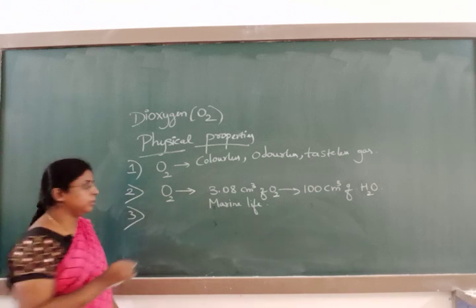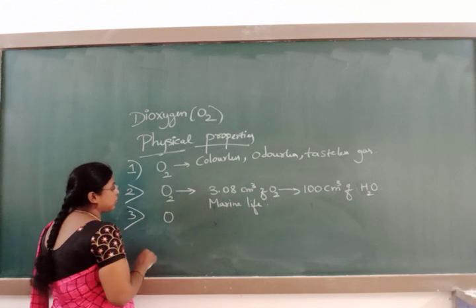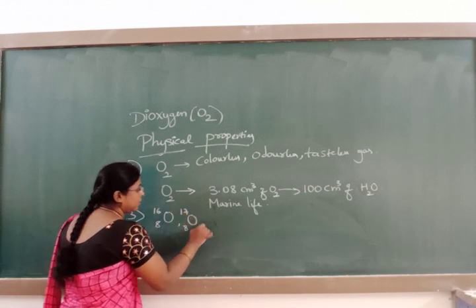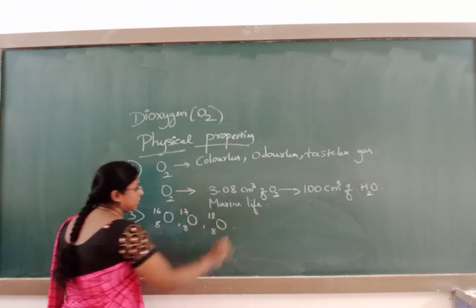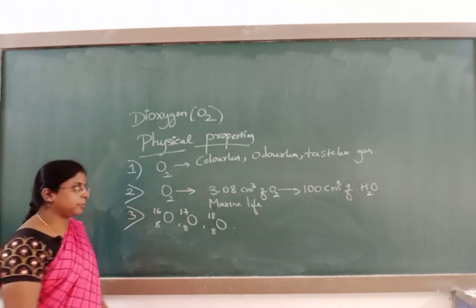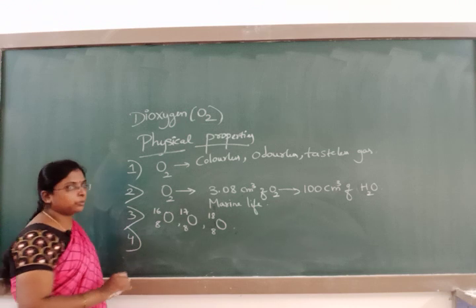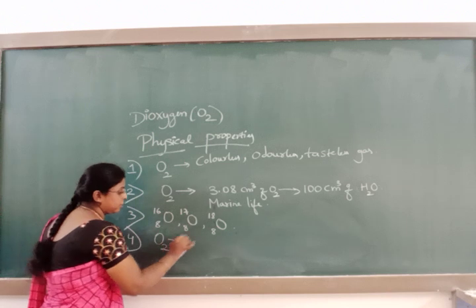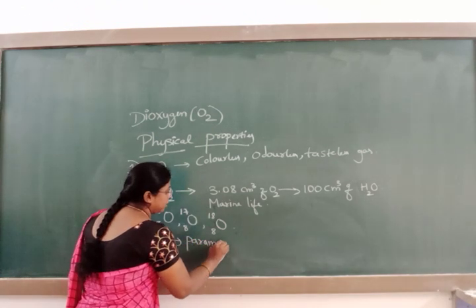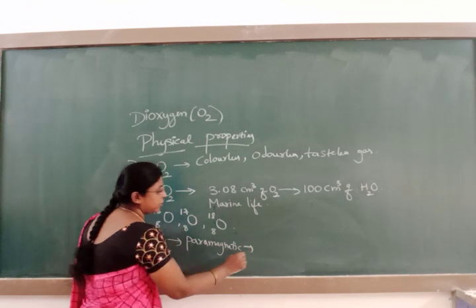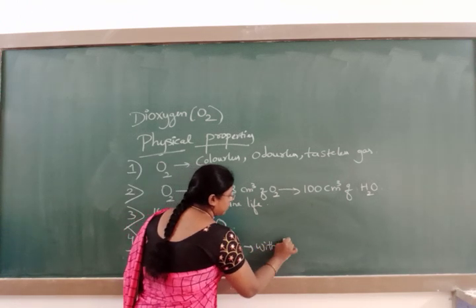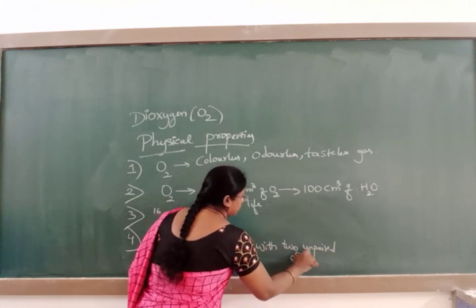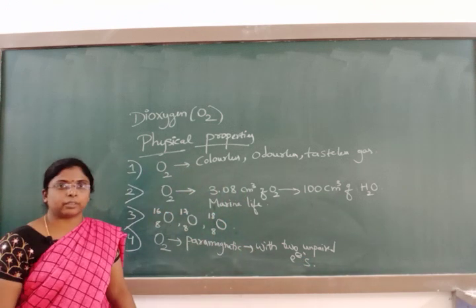Oxygen, O2, exists in 3 isotopes: oxygen-16, oxygen-17 and oxygen-18. Oxygen is paramagnetic in nature, with 2 unpaired electrons.